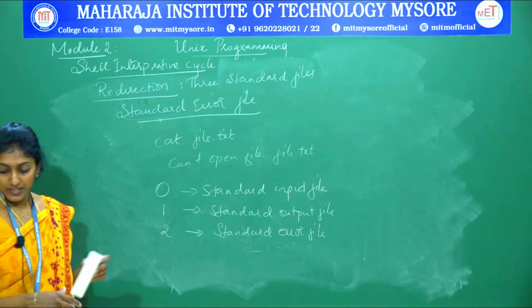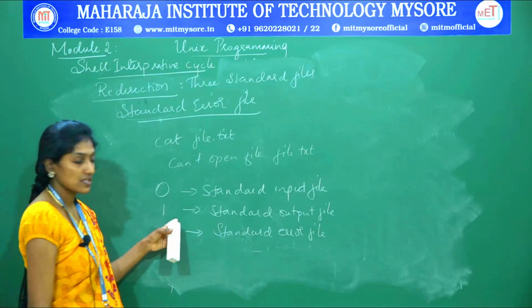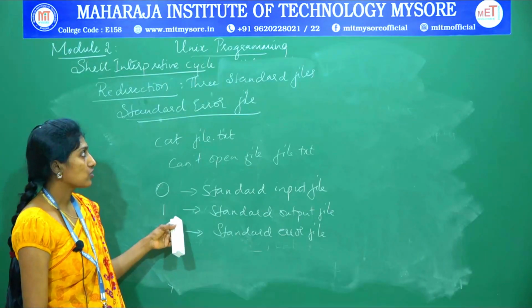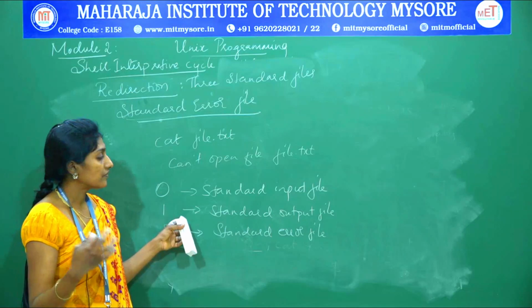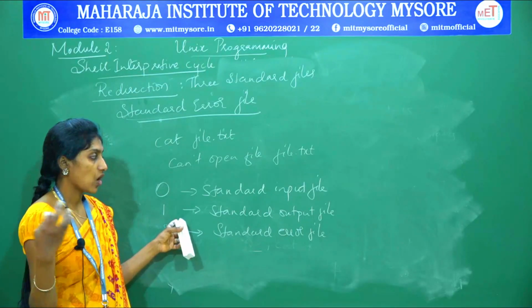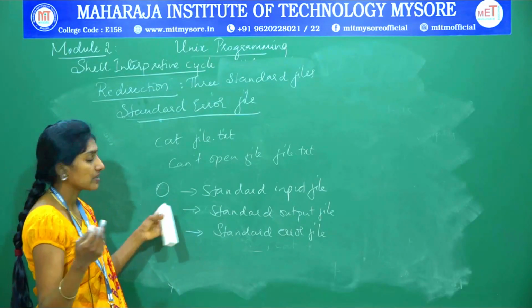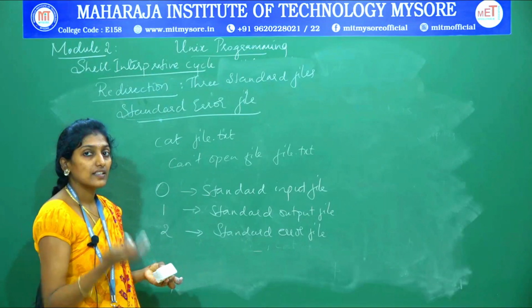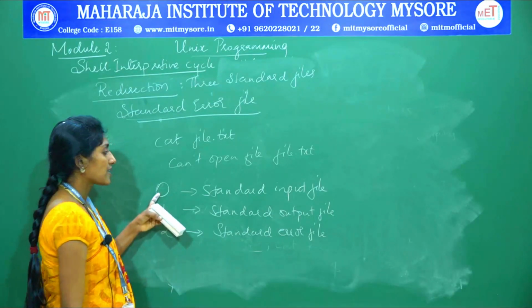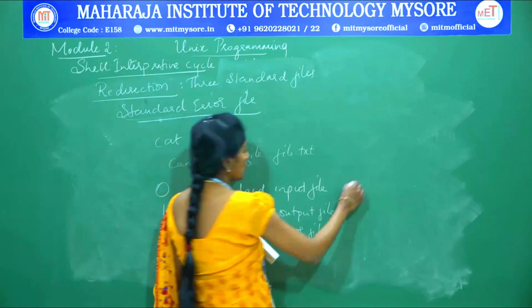So these descriptors are implicitly prefixed to the redirection symbol. So whenever you are trying to know whether it is an input error or output error, these numbers will get prefixed to that redirection symbol. So the redirection symbol for the input file is what?